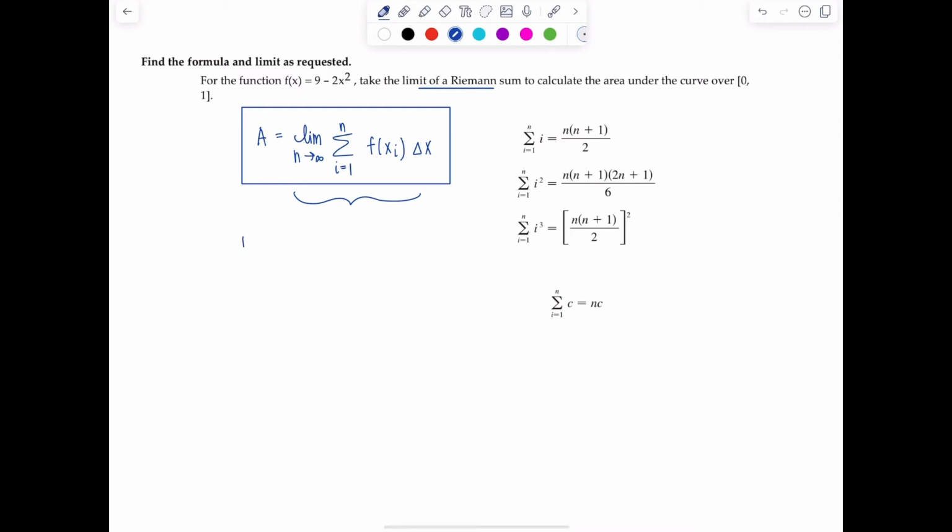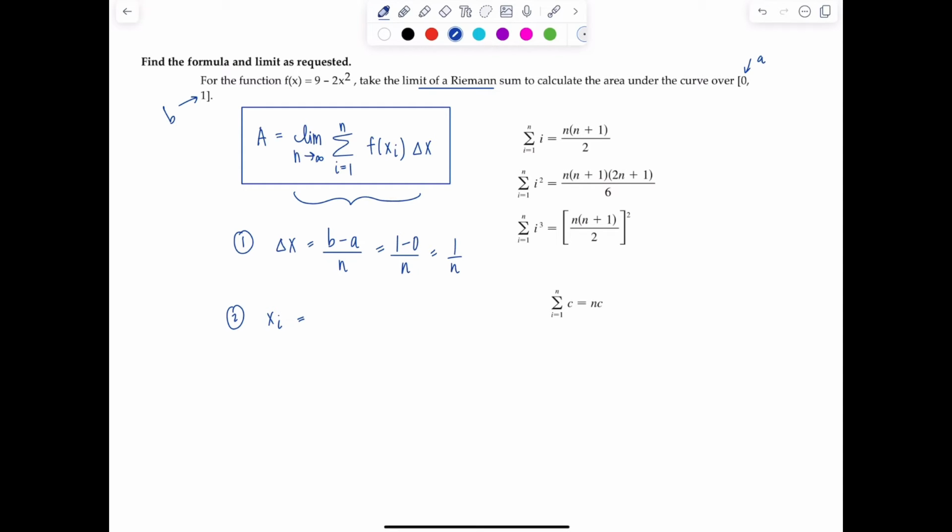Okay, first thing you need to find, just go through the process methodically. First, find delta x. It's b minus a over n, right? They have to give you a and b. Here it is, a, b. So this is going to be 1 minus 0 over n, or 1 over n. Next, you need to compute what x sub i is.